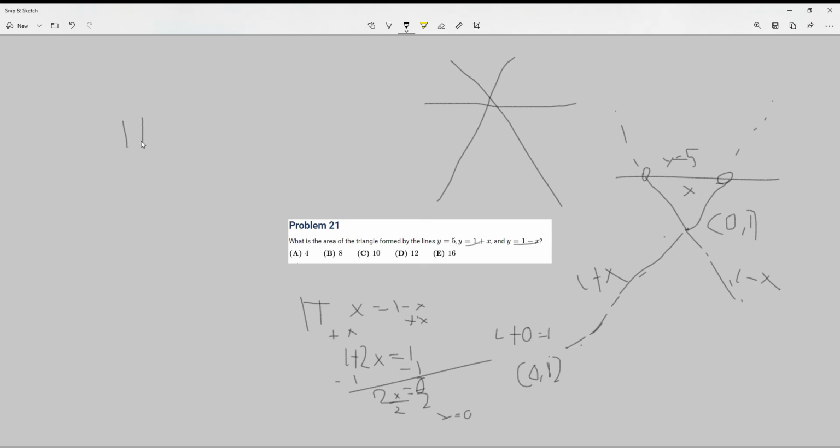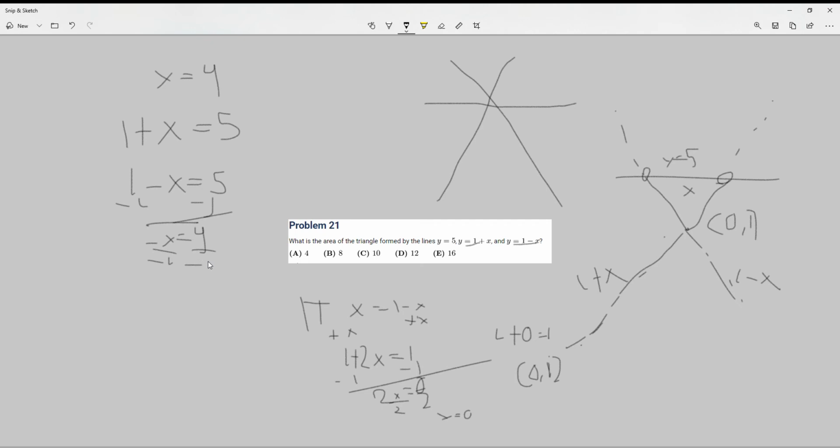We have two equations here: 1 plus x equals 5, and 1 minus x equals 5. I can subtract 1 from both sides. We get 5 minus 1 is 4, so x is equal to 4. For the other, negative x is equal to 4.